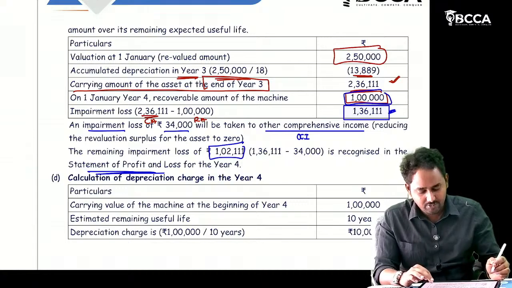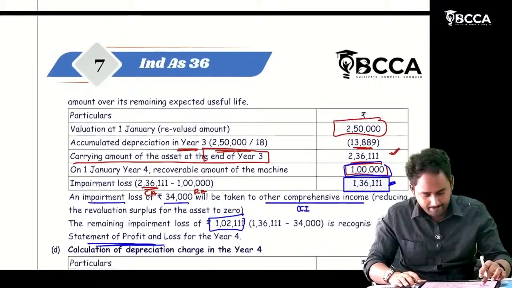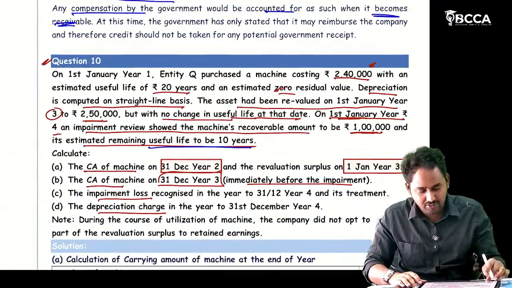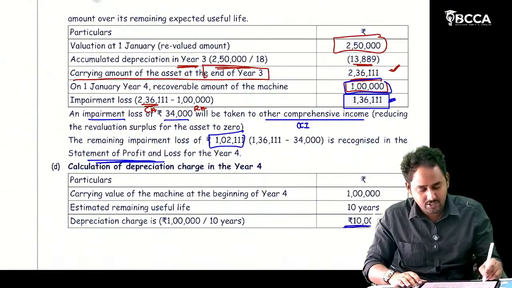What is the depreciation for the remaining years? What is the remaining useful life? The remaining useful life is 10 years. This 1 lakh should be depreciated over 10 years. The depreciation is 10,000.